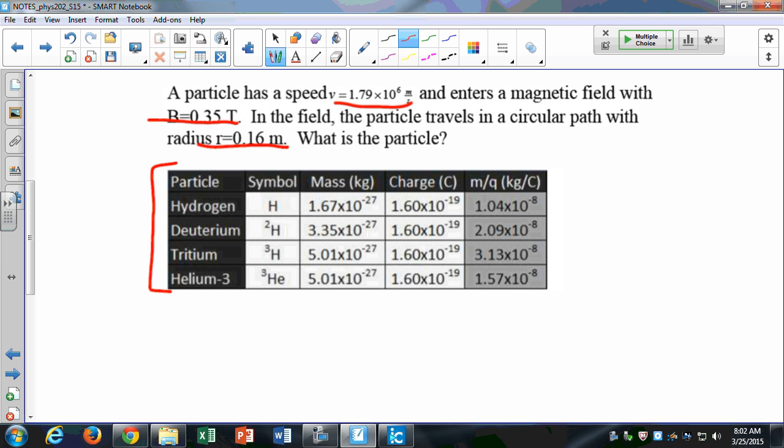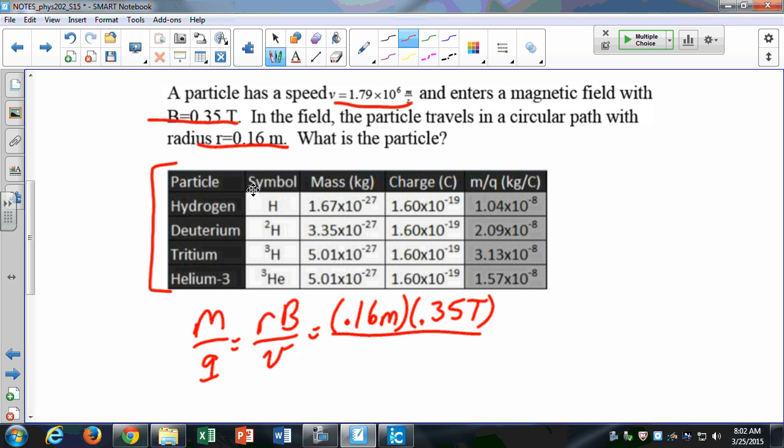So I have these known particles here, hydrogen, deuterium, tritium, and helium-3, and they all have known masses and charges. So I can calculate their mass to charge ratio, and then compare it to my unknown particle. I know that m over q is equal to rB over v. So r is 0.16 meters, B is 0.35 Tesla.